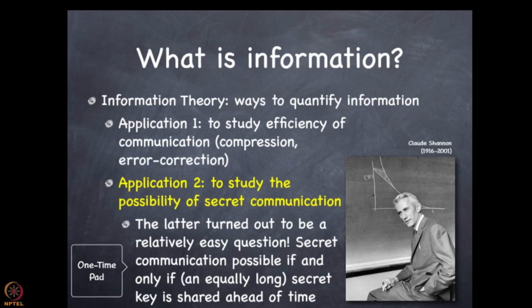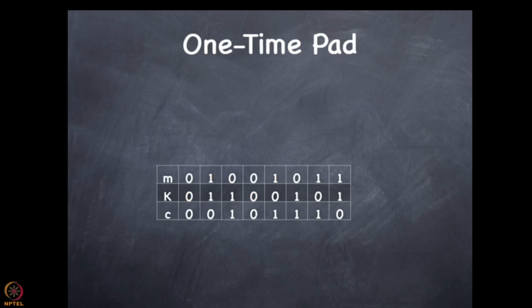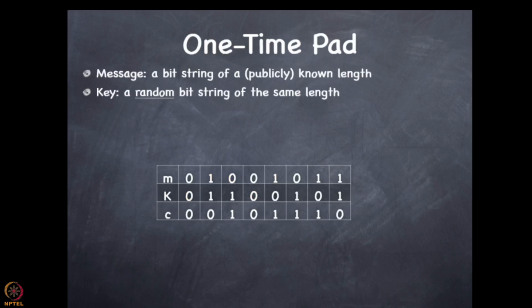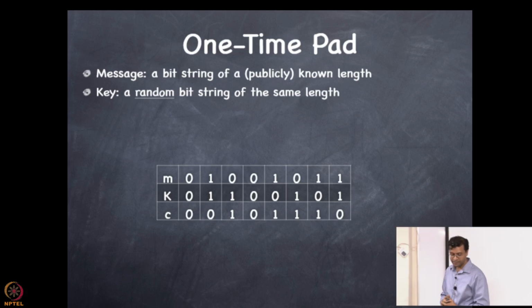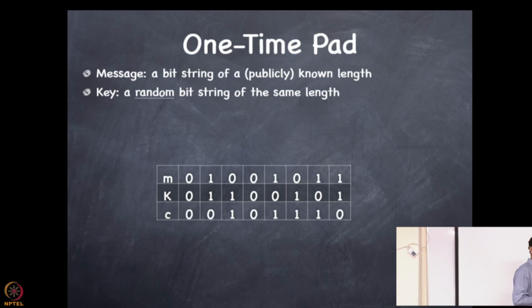Okay? So let me just show you what many of you might have seen. You can ignore the table here, it will show up in a second. So the message is a bit string. Messages can always be encoded as bit strings. That's the kind of message we are interested in. And it has a known length. Okay?